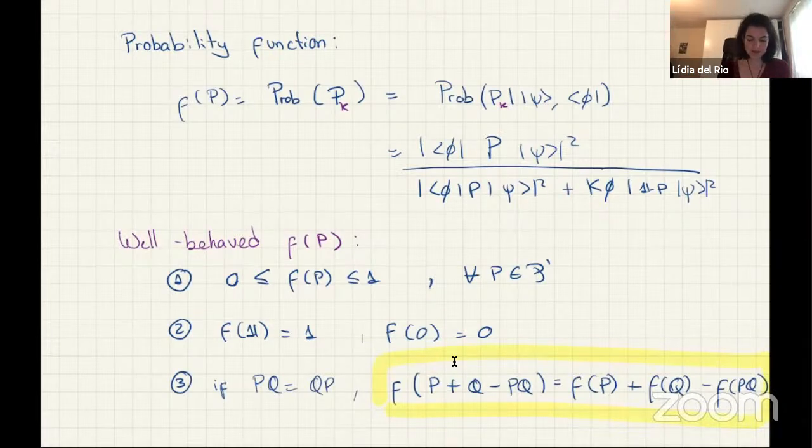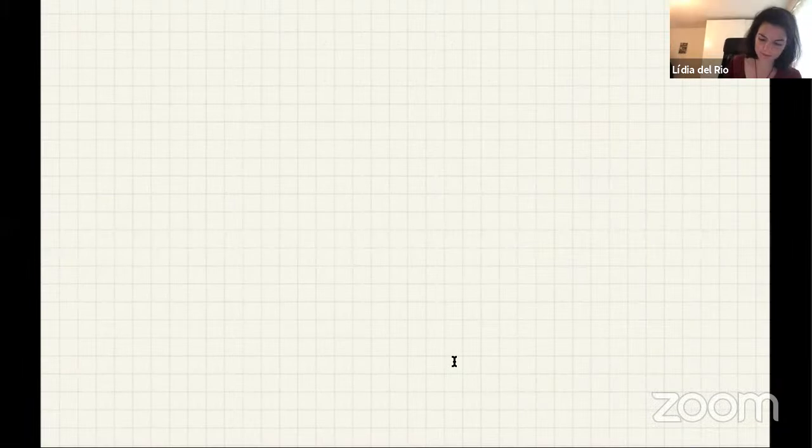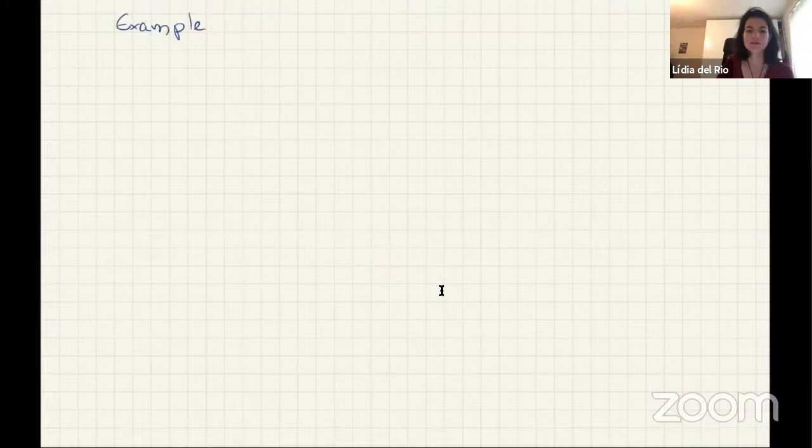And so we say that if these three conditions are not satisfied, then we have a logical pre and post selection paradox. Okay, so example. And this is what's called the three-box paradox.